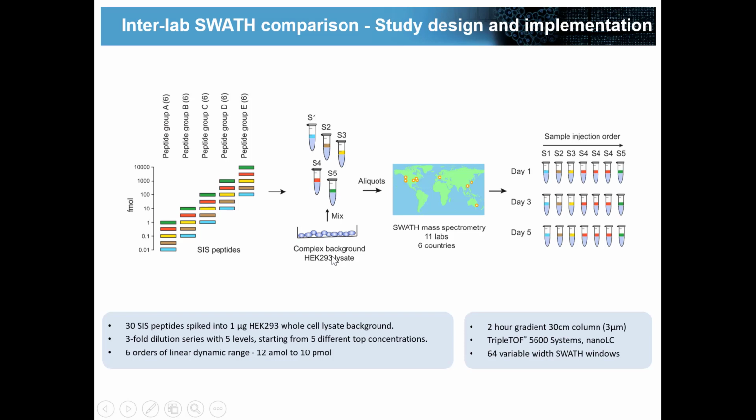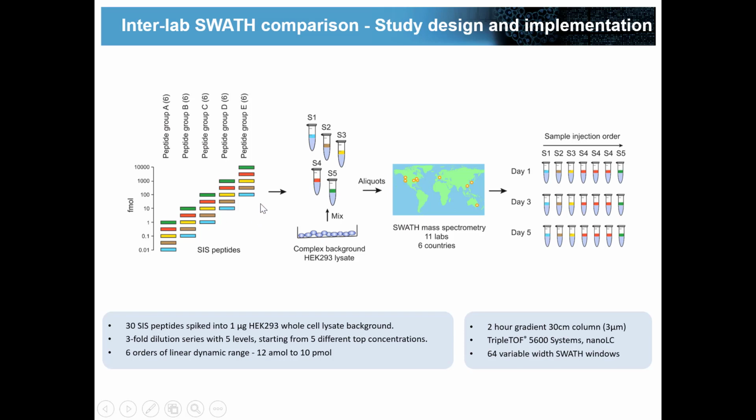And so this sample consisted of a complex background. This is a HEK293 lysate. And into this HEK293 lysate, we spiked a whole bunch of synthetic peptides in a somewhat complicated looking dilution curve. Essentially we had 30 peptides, and we grouped them into 6 groups. And we did threefold dilution series, but the starting level for each of these groups of peptides was different. So one group started at 10,000 femtomoles on column, and went to basically 1 femtomole on column.